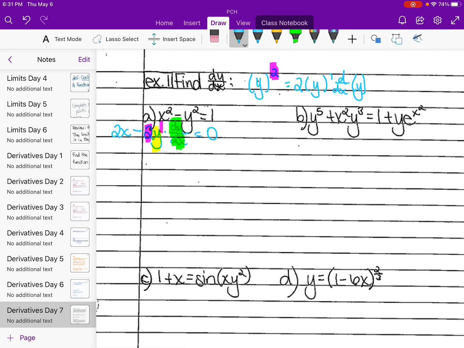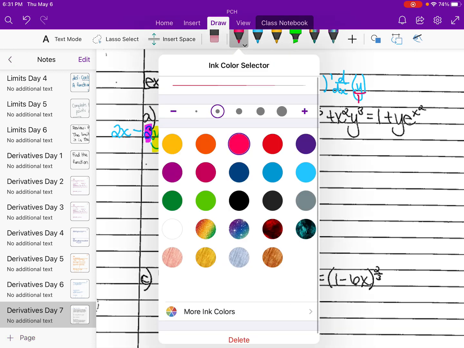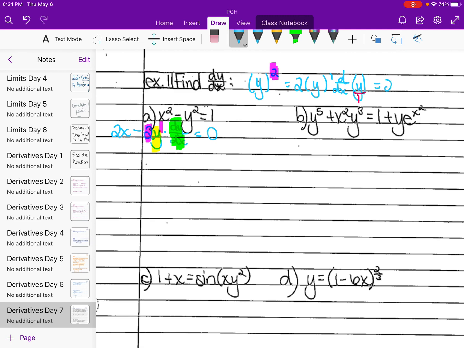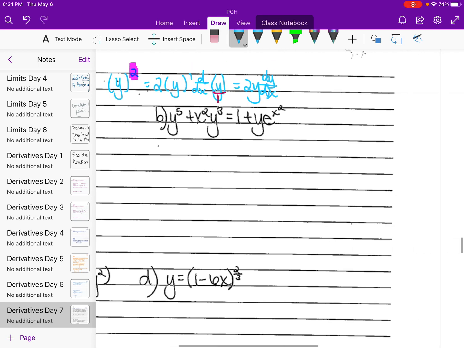Remember that d over dx means take the derivative of the thing that comes next. Well, now look, if I put this over 1 and I multiply it like a fraction, it becomes dy over dx, right? So that's where I got that under a. Now, let's do the same thing for the x. Let's pretend it's a chain rule problem.